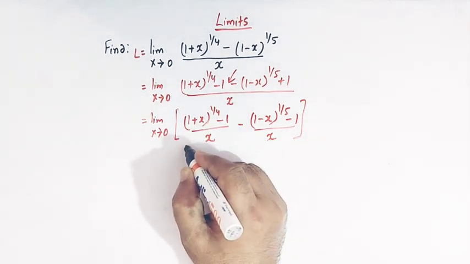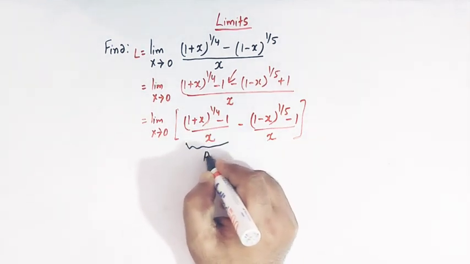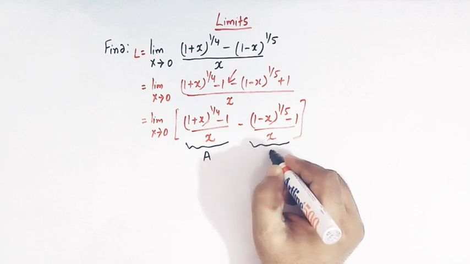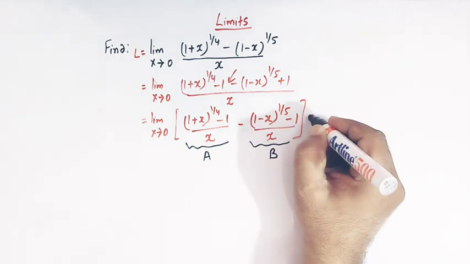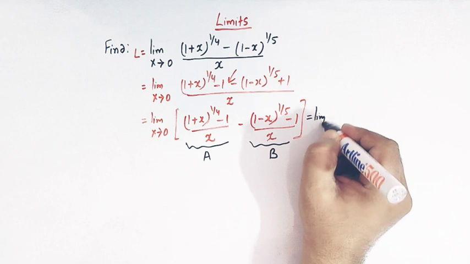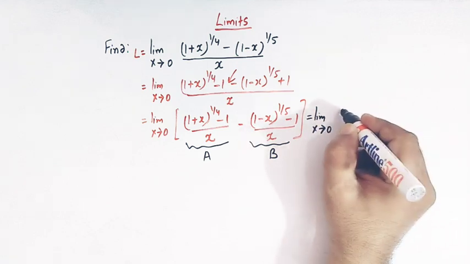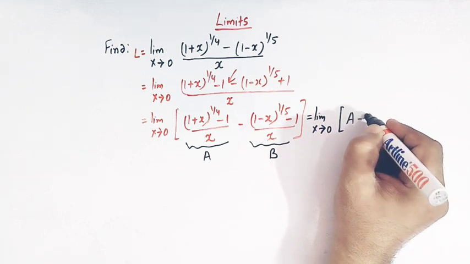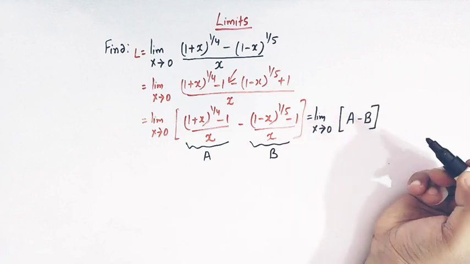Now let us take this expression as A and this expression as B, so that we have limit x tends to 0 of A minus B.